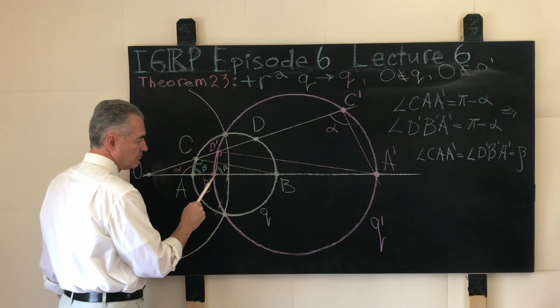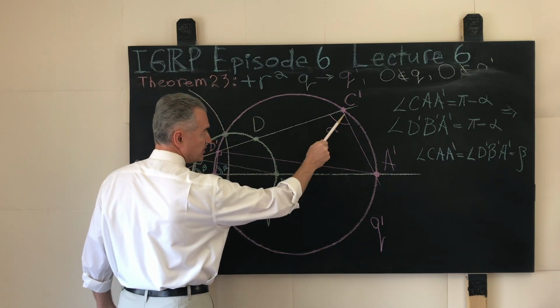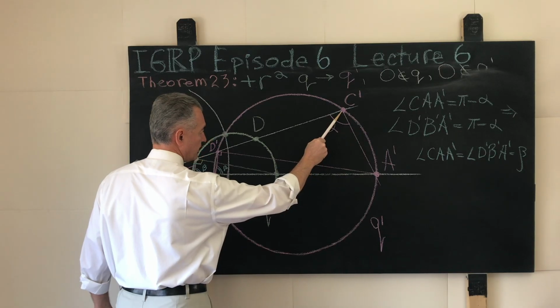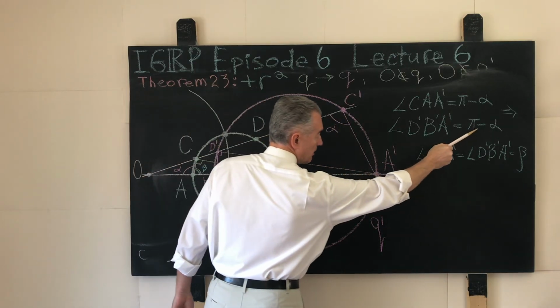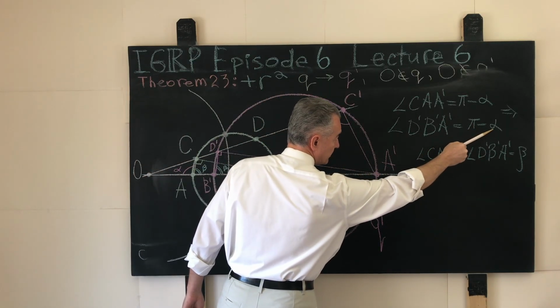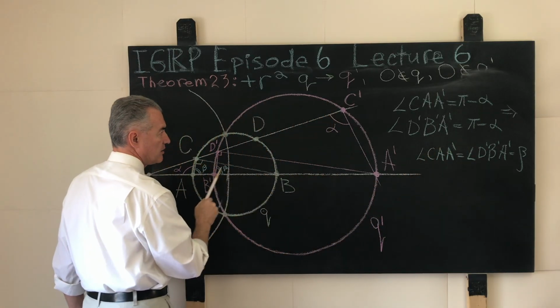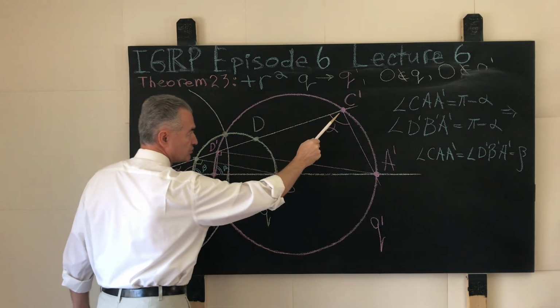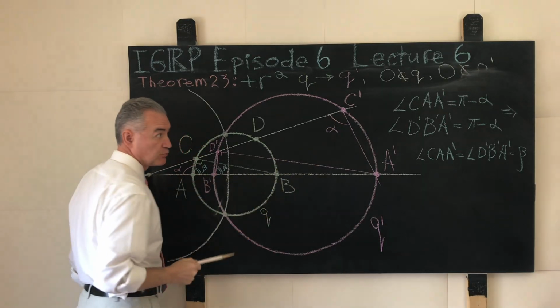That means that the magnitude of the angle D prime, B prime, A prime must be the magnitude of the corresponding angle over here at the point C prime, pi minus that angle, pi minus alpha, because the magnitudes of these two angles at B prime and at C prime must sum to pi.